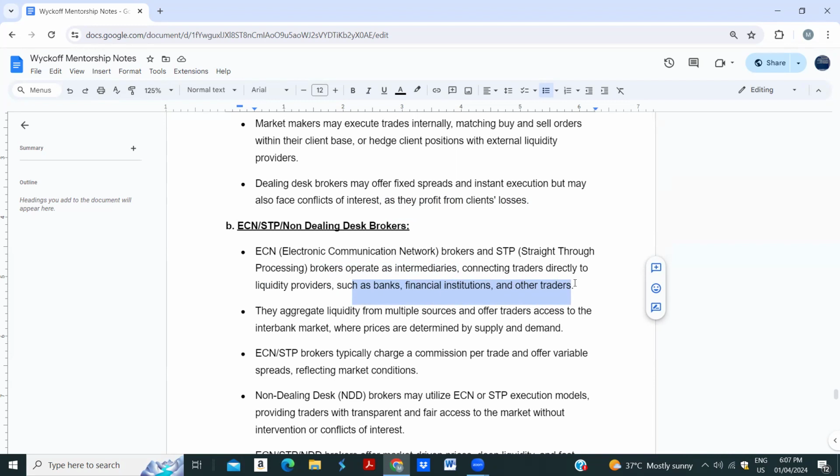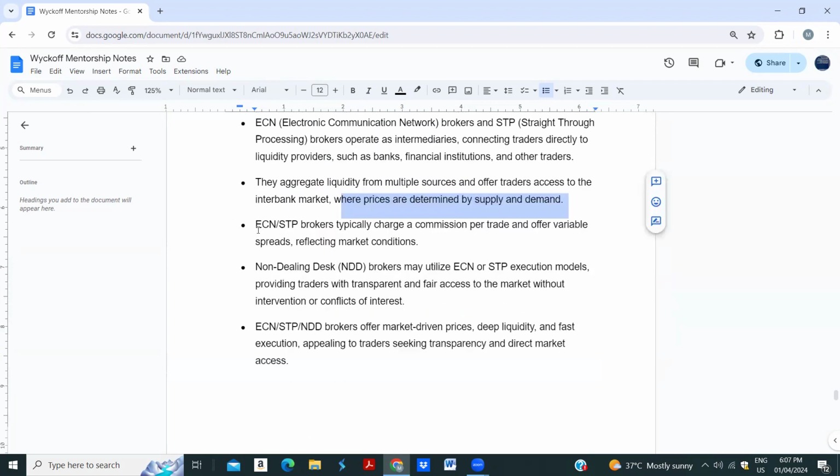They aggregate liquidity from multiple sources and offer traders access to the interbank market where prices are determined by supply and demand. Very easy to understand. ECN and STP brokers typically charge a commission per trade, and they also offer variable spreads.